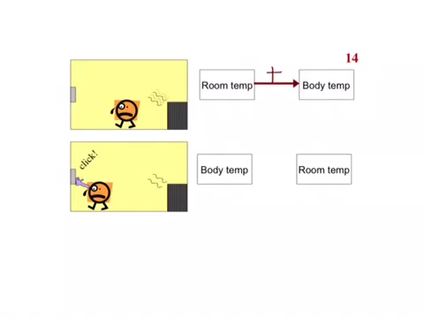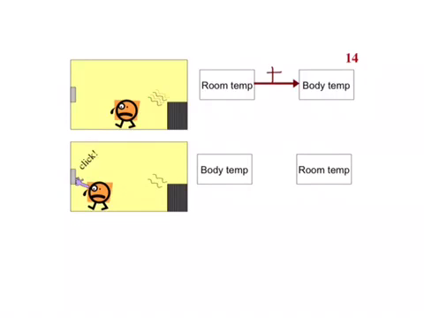So let's now consider the reverse. What effect does body temperature have on room temperature? So when Circle Man's body temperature goes up, he's going to turn on the air conditioner to decrease the room temperature. So the change is in the opposite direction. An increase in body temperature leads to a decrease in room temperature.